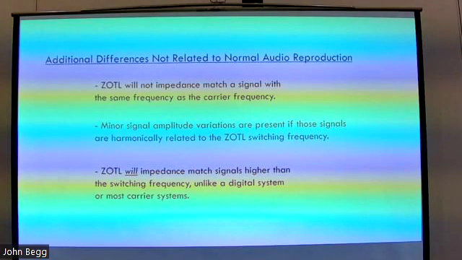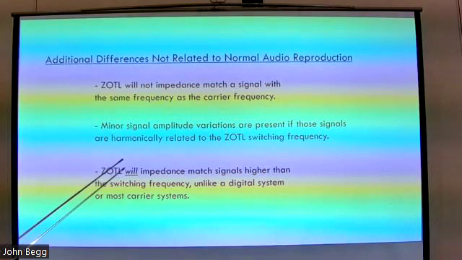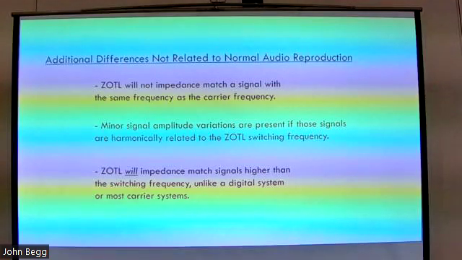In other words, if the carrier frequency is 250 kilohertz, it's not going to match that. If you put 250 kilohertz into the tube, it's just going to short itself out. It's not going to do anything. There are minor signal amplitude variations present if those signals are harmonically related to the ZOTL switching frequency. Those are pretty minor, but they are present.